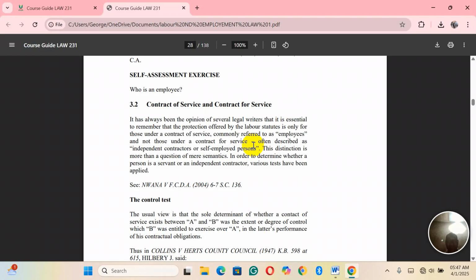This distinction is more than a question of mere semantics. In order to determine whether a person is a servant or an independent contractor, various tests have been applied.